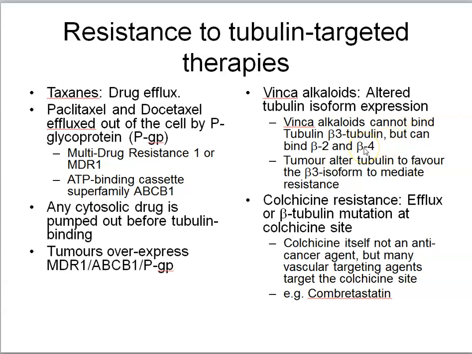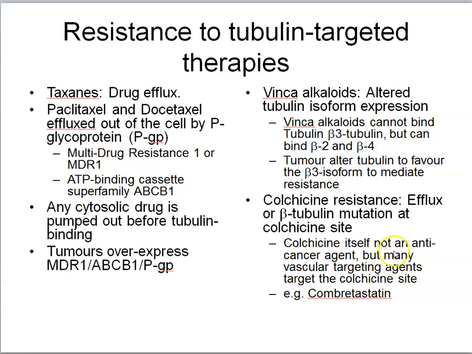So if a particular tumour expresses a version of beta tubulin which vinca alkaloids bind to, then any cell that for whatever reason expresses a different isoform that vinca alkaloids don't bind to, they can just continue to express that isoform. So we know very efficiently in the lab, if we grow cells in the presence of vinca alkaloids, they will rapidly upregulate the beta 3 isoform to mediate resistance.